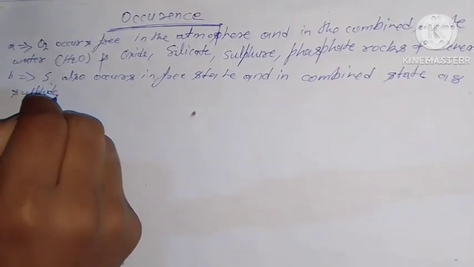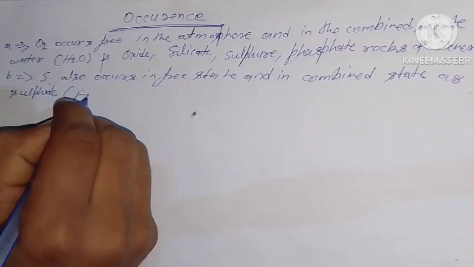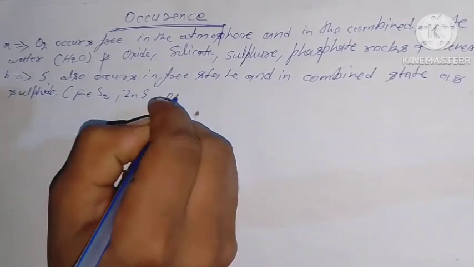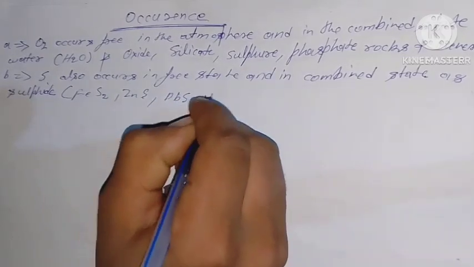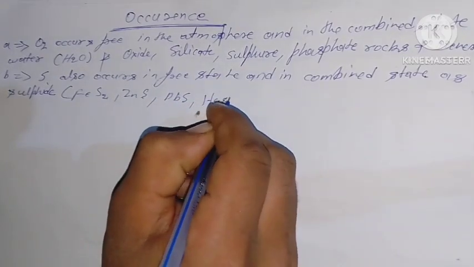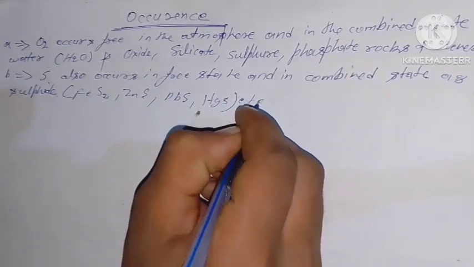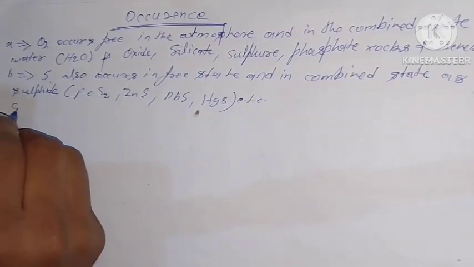Combined state as sulfide: FeS2, ZnS, PbS, HgS, etc.